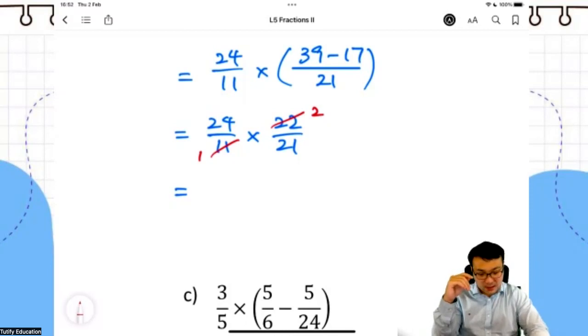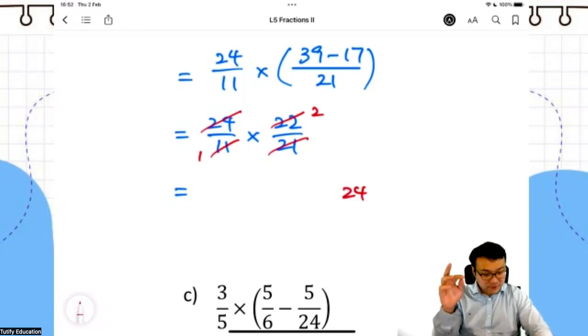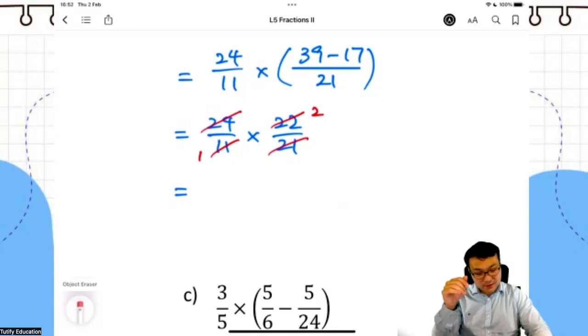Divide by 11, these two. Now, what are you going to divide these two by? Both of them, 24 and 21, you can divide them. Which number? Abby knows already. 3. Yes, you divide both of them by 3, correct.